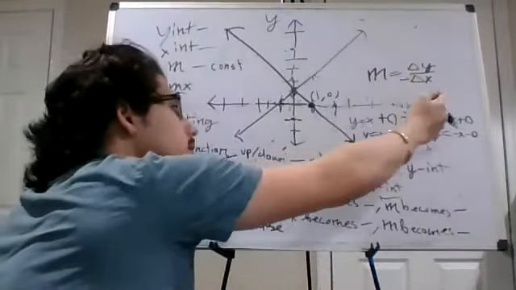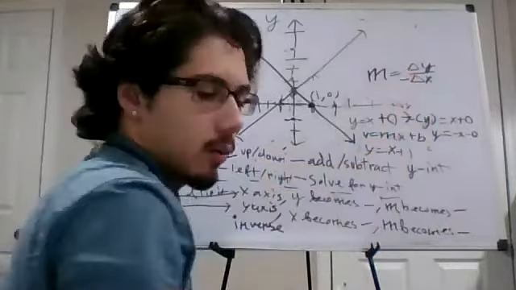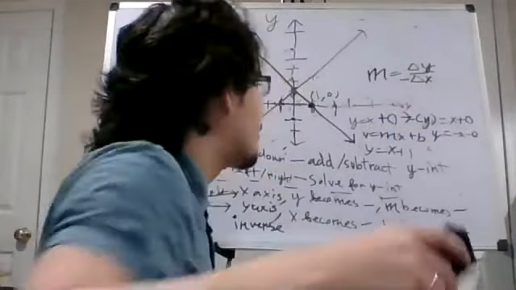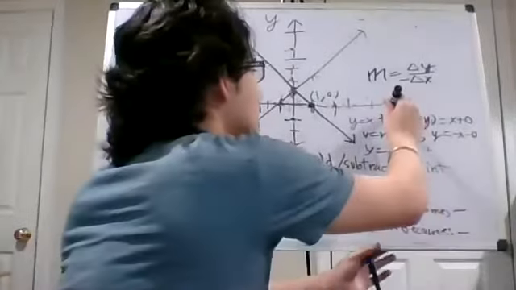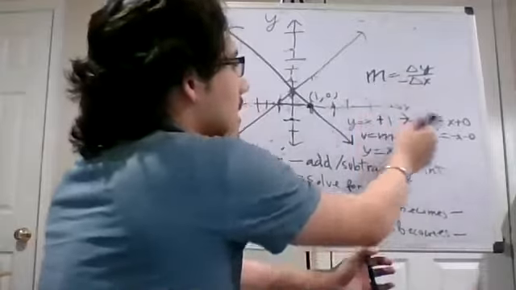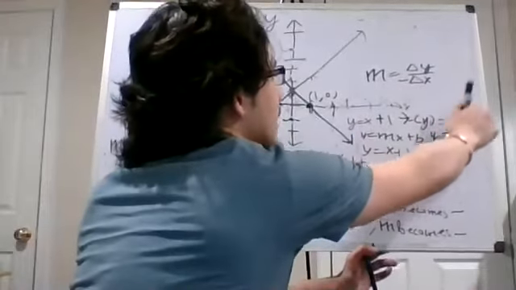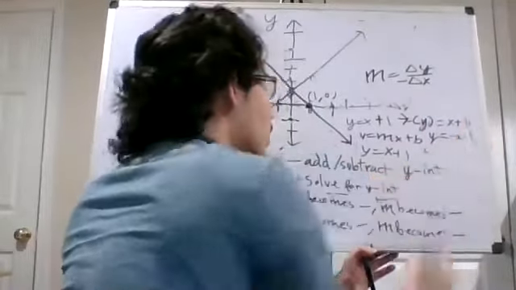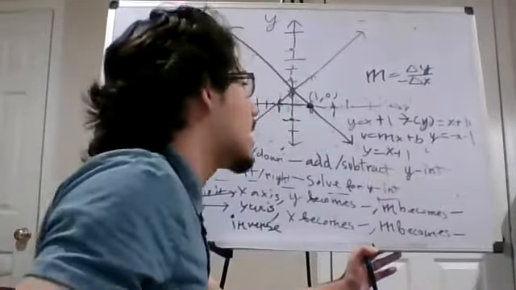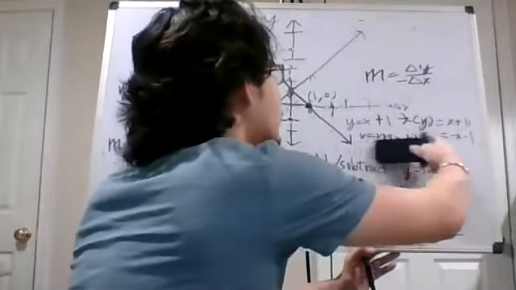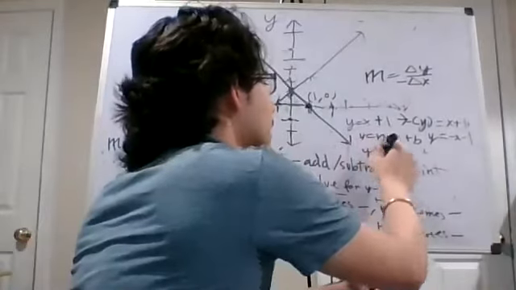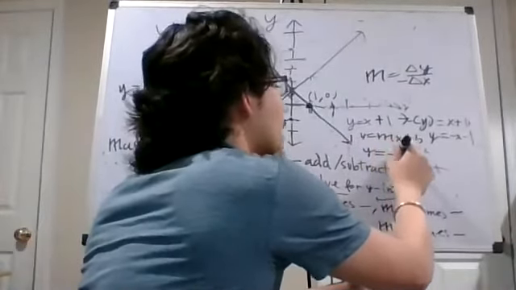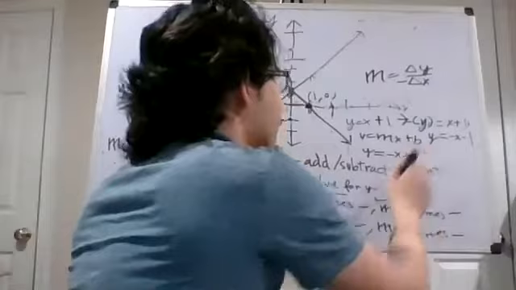As opposed to how we changed the original equation, let's use the new equation. Instead of y equals x plus 1 going to negative y equals x plus 1, so the new y-intercept was negative 1, this time we are simply saying y is equal to negative x plus 1.